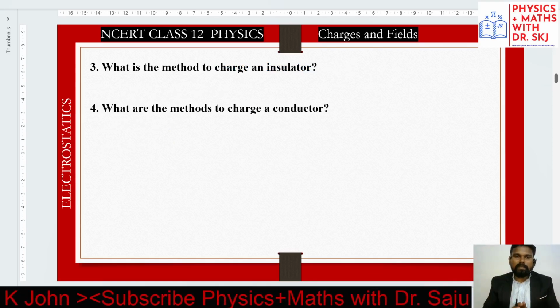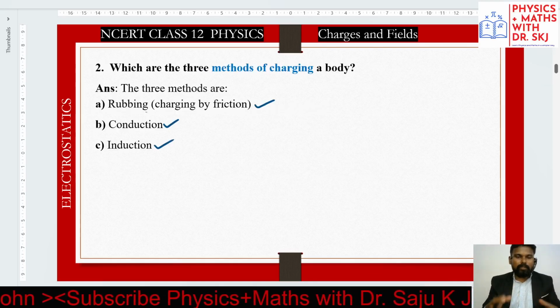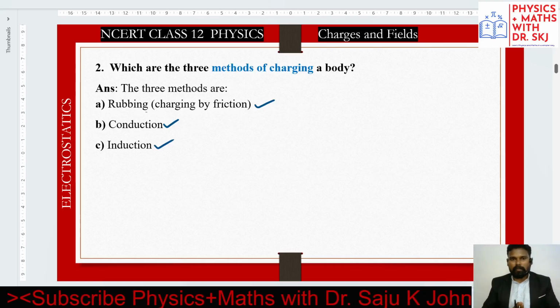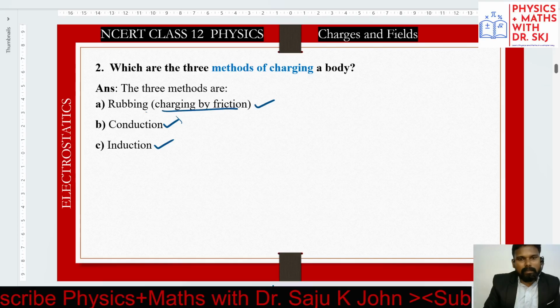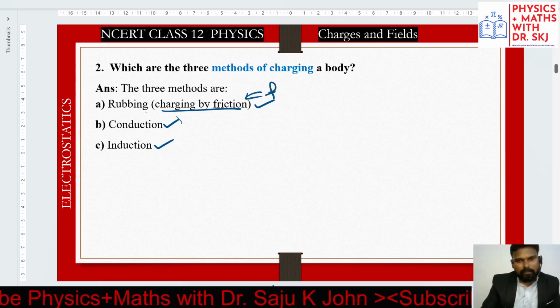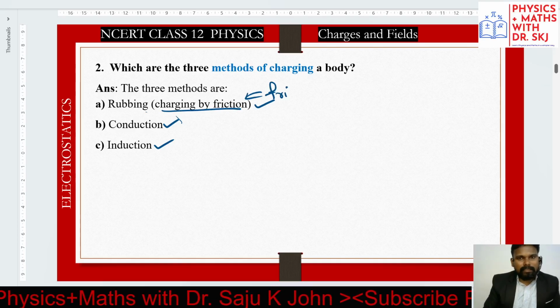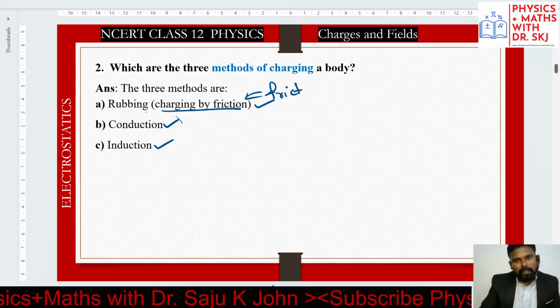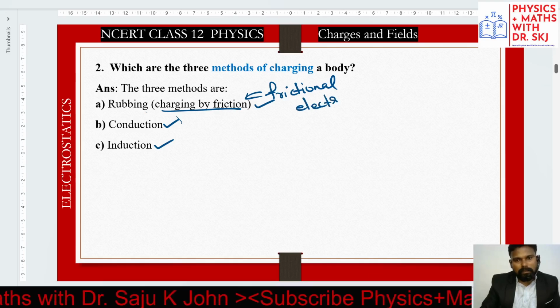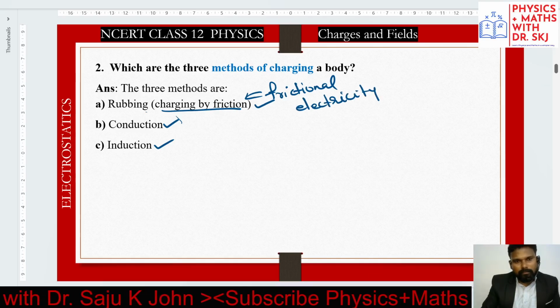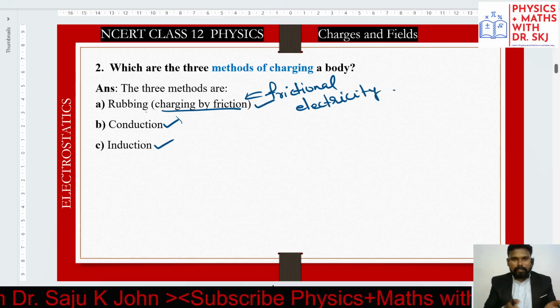So I told you there are three methods to charge a body. The first one is rubbing, which is called frictional electricity. When charges are obtained by rubbing, it is called frictional electricity. Then there is conduction and induction.